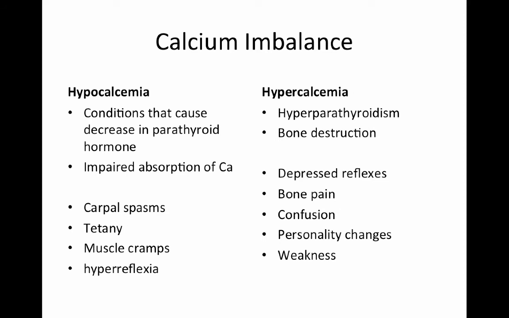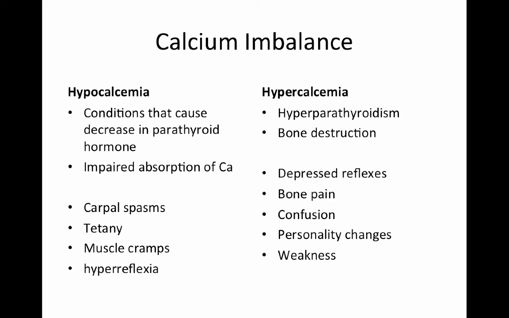So you can have hypocalcemia and hypercalcemia. The culprits of hypercalcemia, when there's too much calcium in our plasma, are hyperparathyroidism or malignancy.